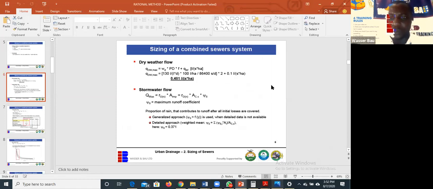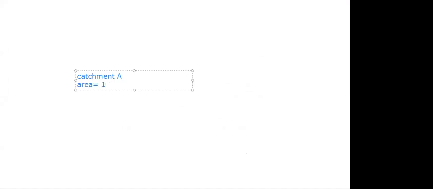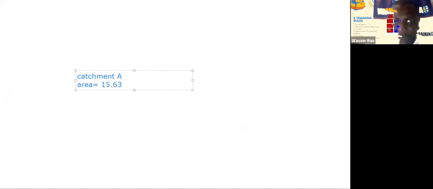Let me use my whiteboard. Catchment A. The area is 15.63. And the wastewater flow, based on the population, Q equals AV.